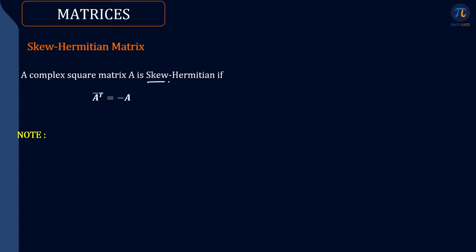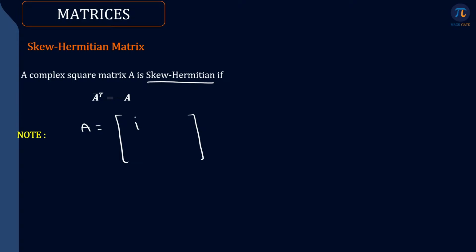Now what about skew Hermitian? Conjugate transpose is minus A. Conjugate transpose is minus A. Here it is the complex analog of the skew symmetric matrix. So what happens, sir? For a skew Hermitian matrix, the main diagonals can be either 0 or purely imaginary numbers.